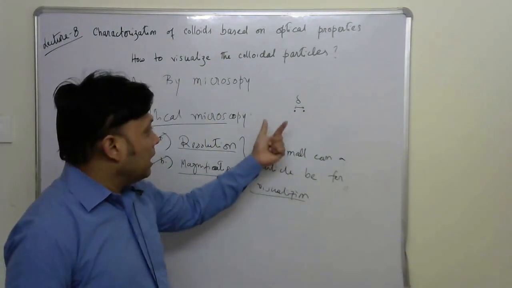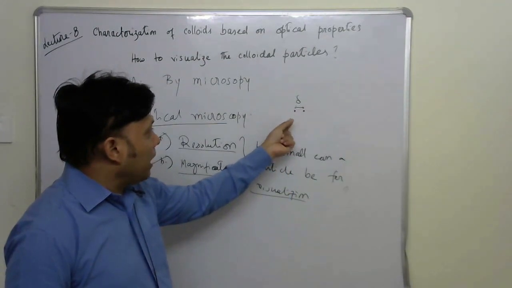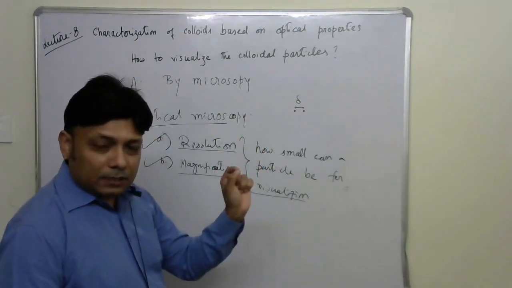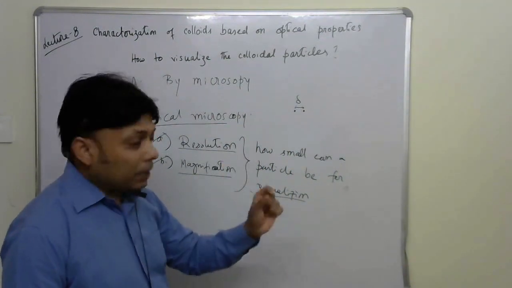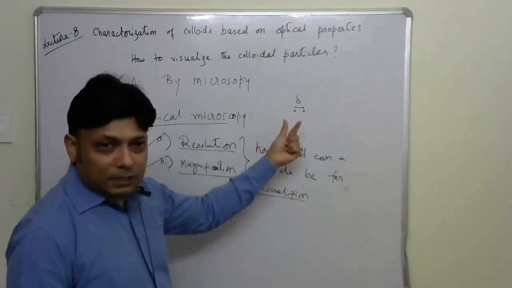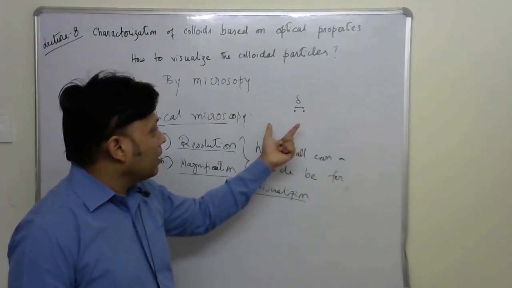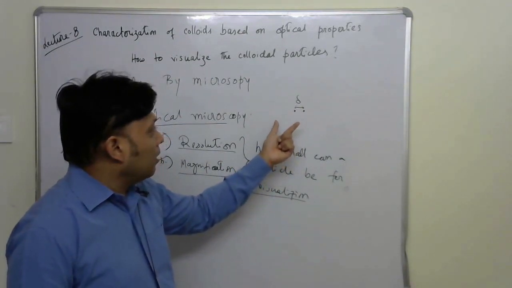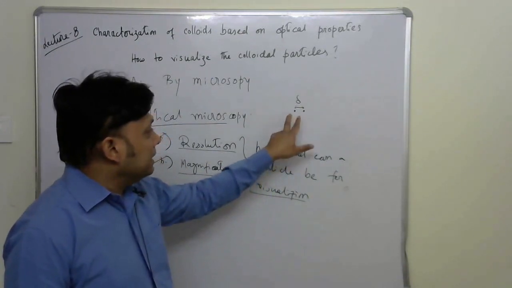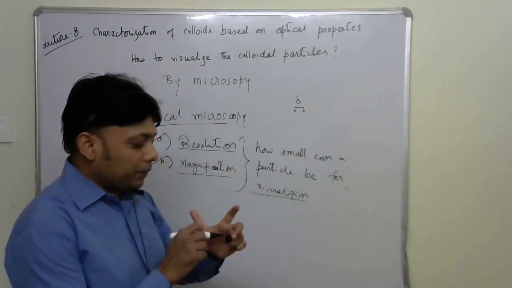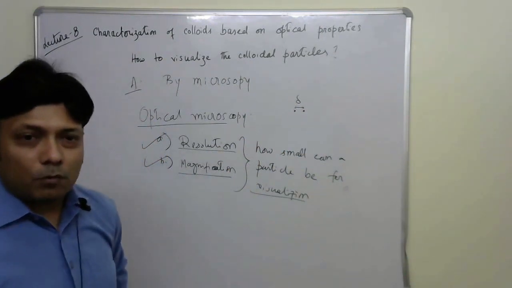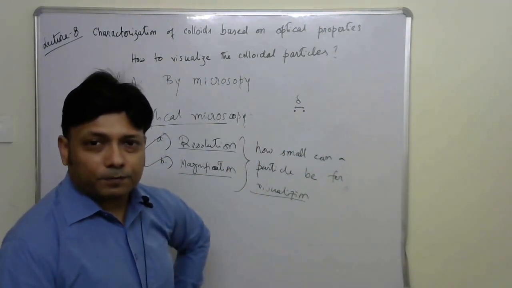That means there exists a minimum distance delta for which these two dots can be distinctly visible or distinctly separable from one another.